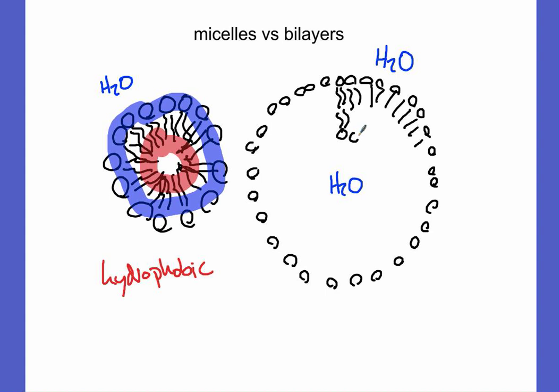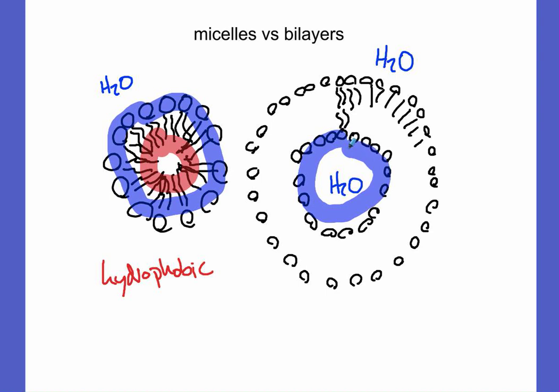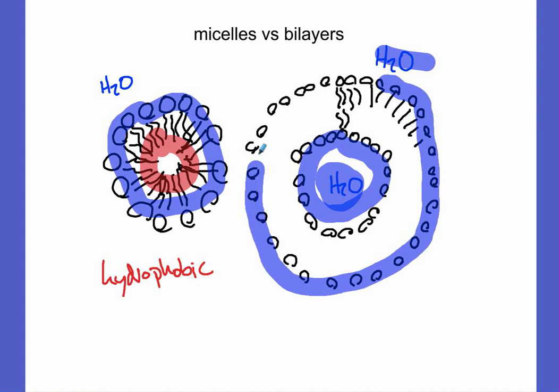But on this internal layer, all of the polar head groups are pointed towards this water on the inside. Again, polar goes with polar, nonpolar goes with other nonpolar. So these polar head groups are attracted to the water that fills this bilayer structure. There's water on the outside that my other heads in my bilayer are attracted to.